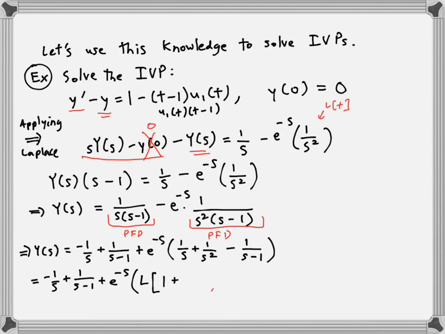That's the Laplace of t, right? And then 1 over s minus 1, but I have a minus there. That's going to be the Laplace of e to the t. Again, all of these you can find by looking in your formula sheet, right?